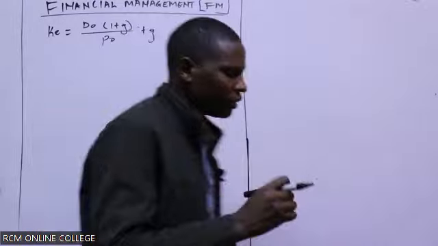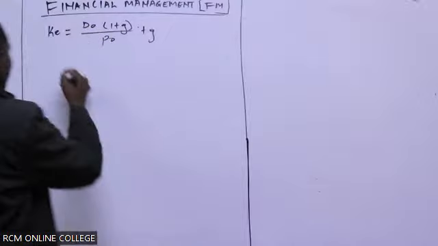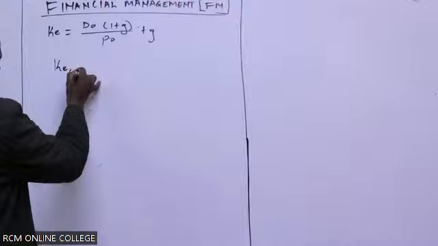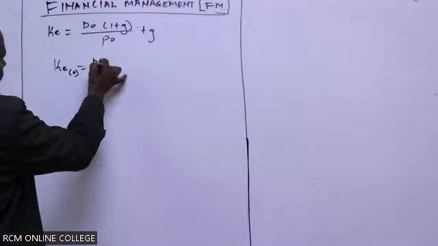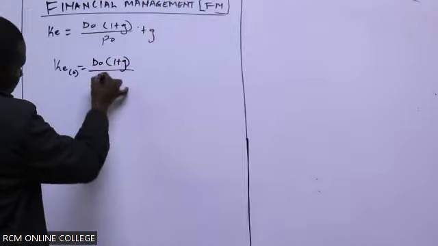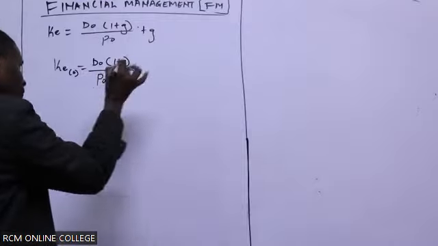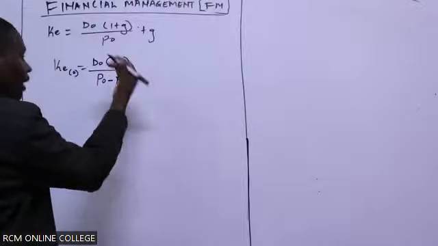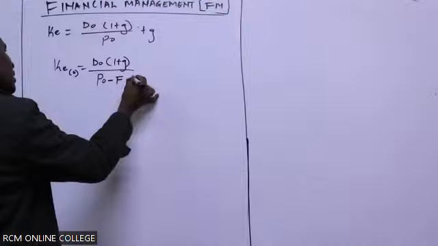You see, now when we go to the Ke of ordinary share, where we are issuing new shares, it will be D0(1 plus g) divided by P0. Then we have to incur some cost here, issue cost, flotation. We have to give some discount.